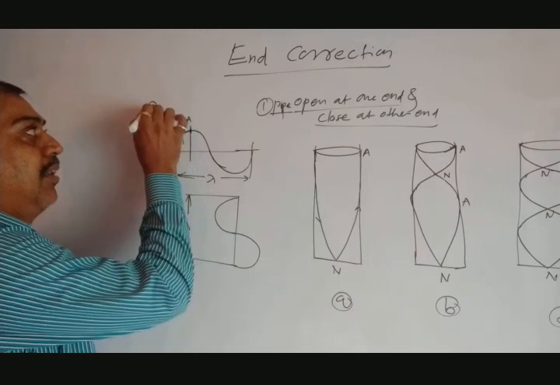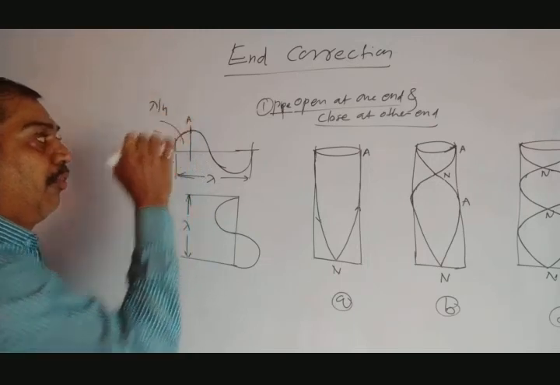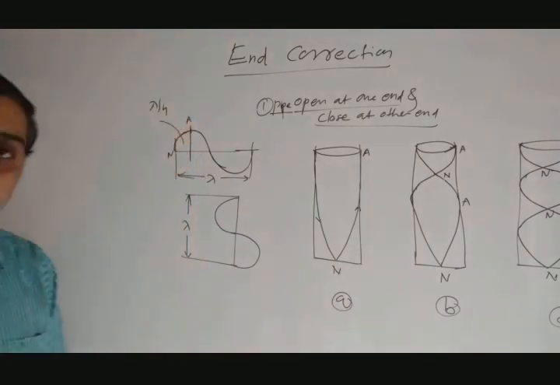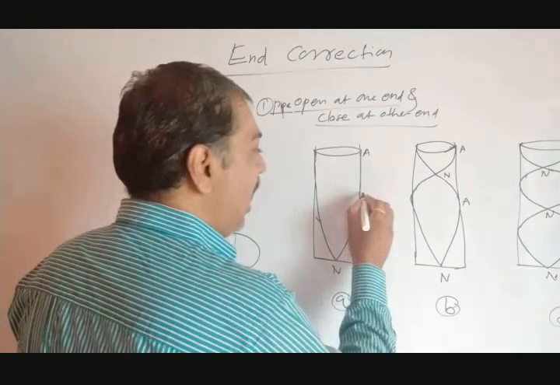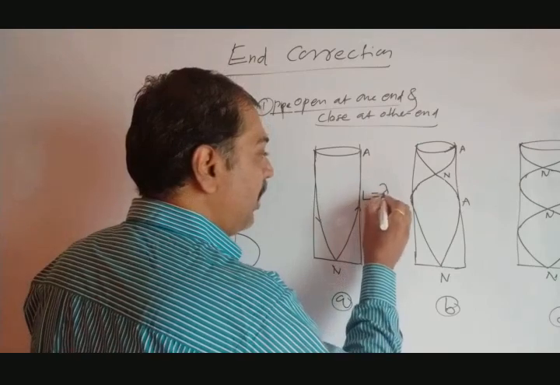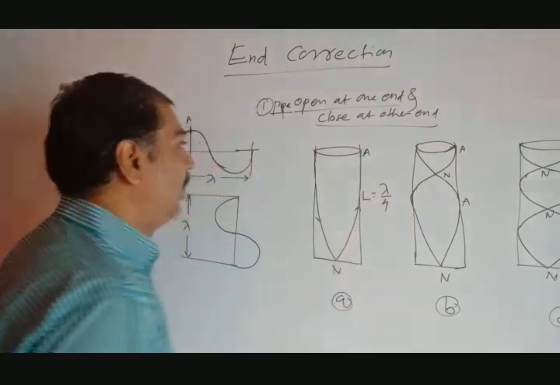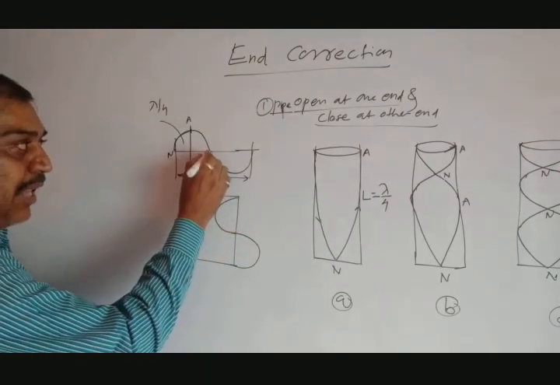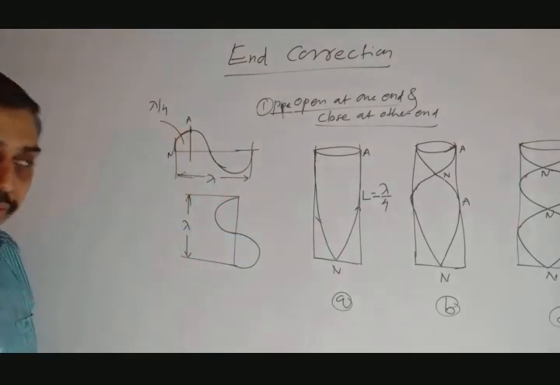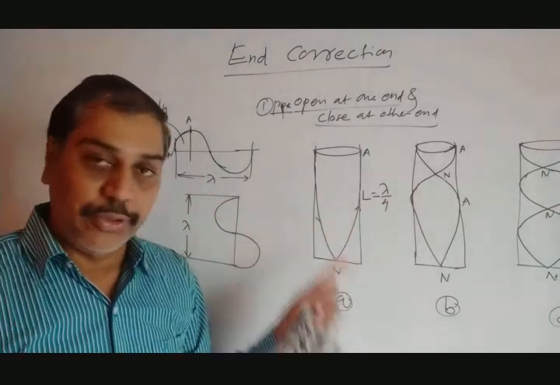It is lambda by 4, and that's why in your book they have shown L equal to lambda divided by 4. Total is lambda, here it is lambda by 2, here it is lambda by 4, that they have shown here.